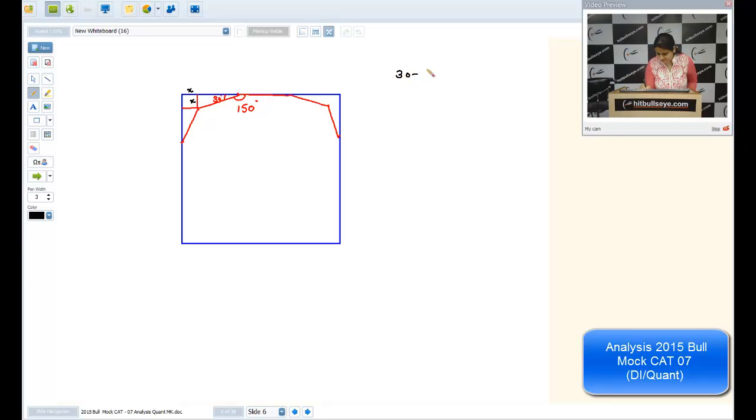Now whenever we have a 30, 60, 90 triangle, you should remember the sides ratio. It will be 1:√3:2. So in front of 30, the side length is x. In front of 60, the side length will be √3x. And in front of 90, it will be 2x. Similarly, 2x here.